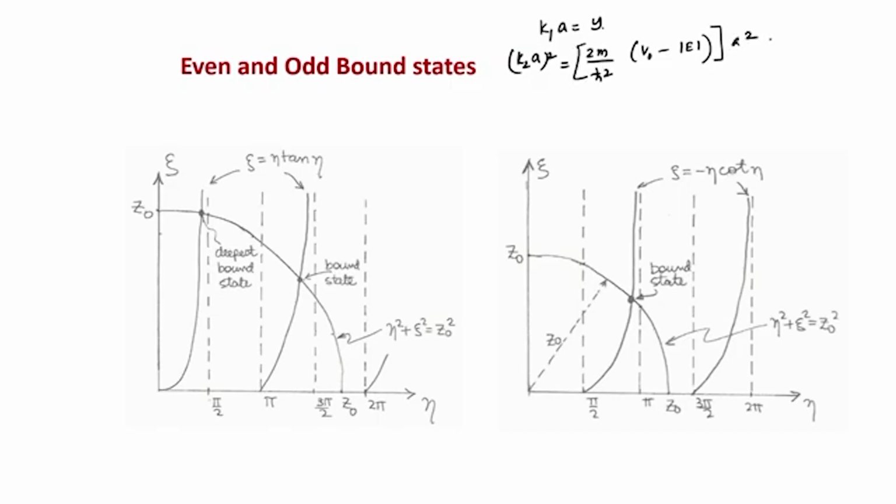And let me actually create a new page so that it is easily understandable for you. So what we do is we call k 1 a equal to y. We have used different notations for plotting, but I'll tell you what these are.